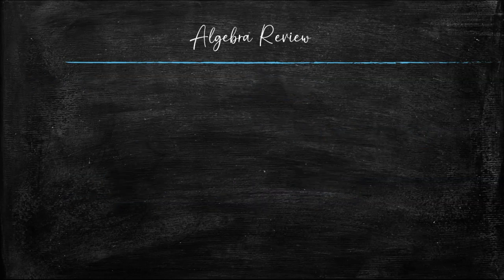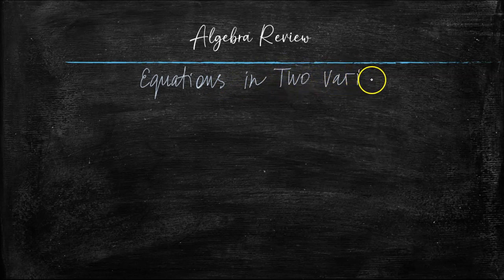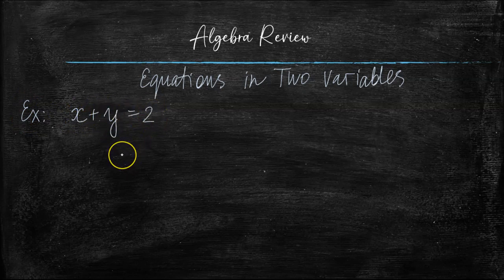Now let's move on and let's talk about what to do with equations in two variables. Here's an example of an equation in two variables, x plus y equals 2.